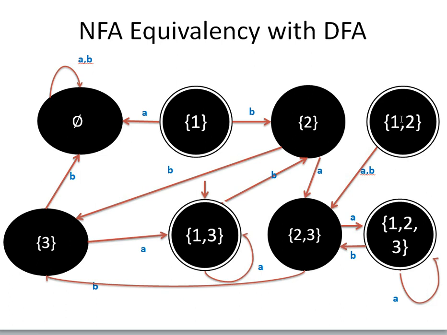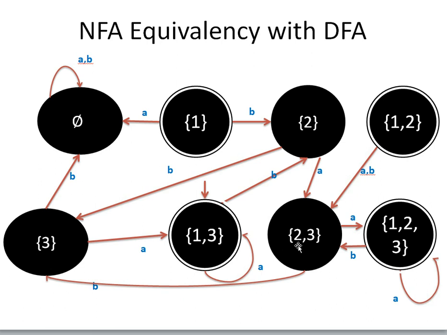The way that we do it is that we see where does 1 go, where does 2 go, given the alphabet, and then we take the union of wherever both of them go, and then we produce the transition output.